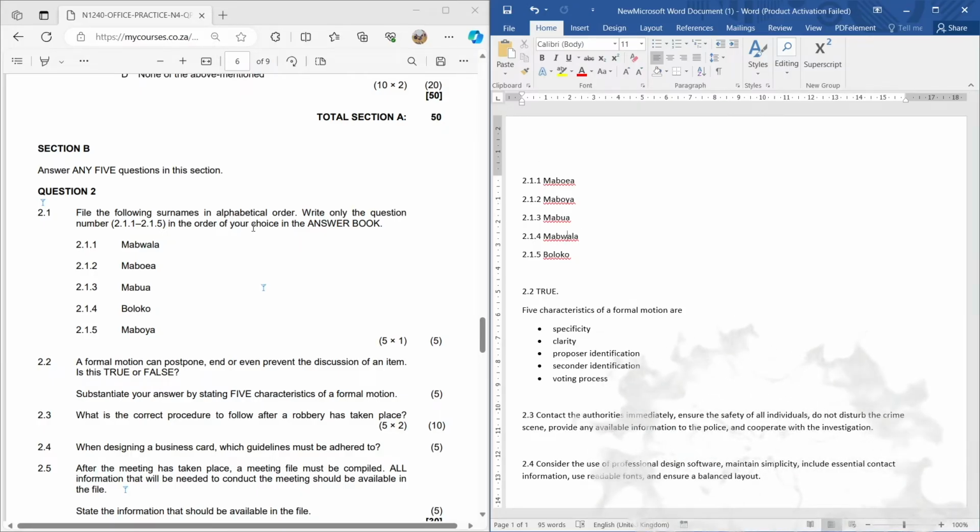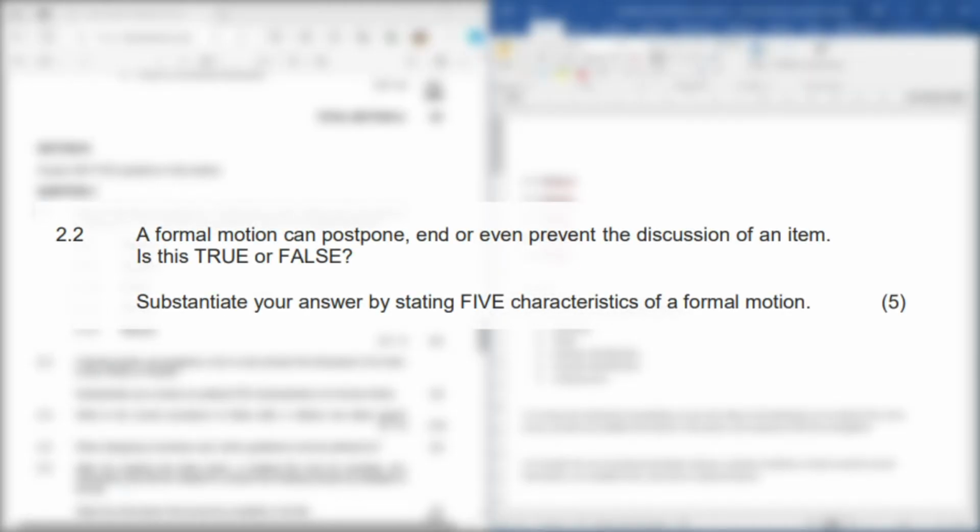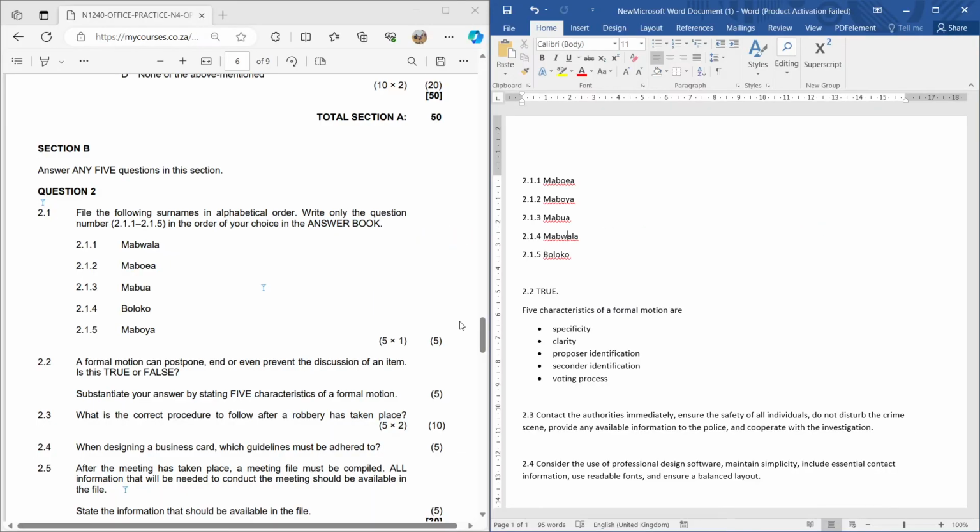So let's go ahead and move on to the next question, which says a formal motion can postpone and or even prevent the discussion of an item. Is this true or false, right? And then we are also asked to substantiate our answer by stating 5 characteristics of a formal motion, right?